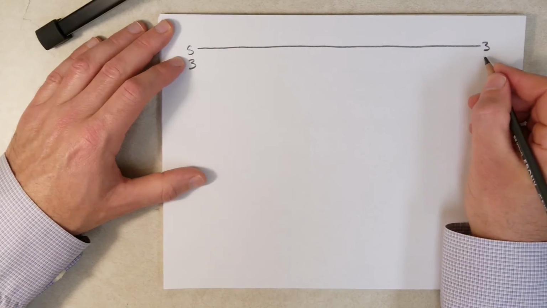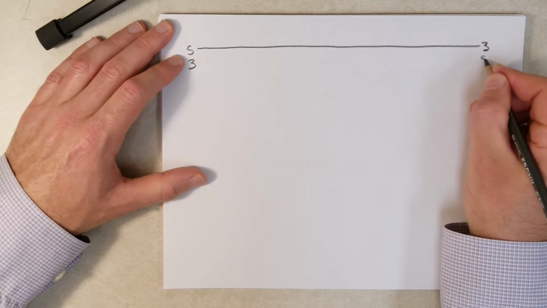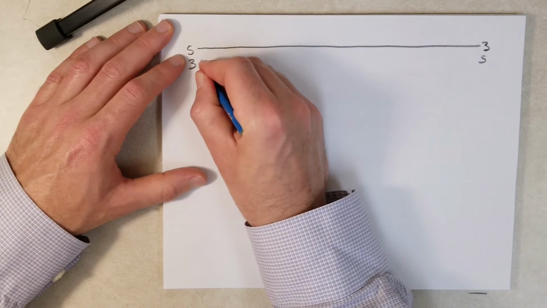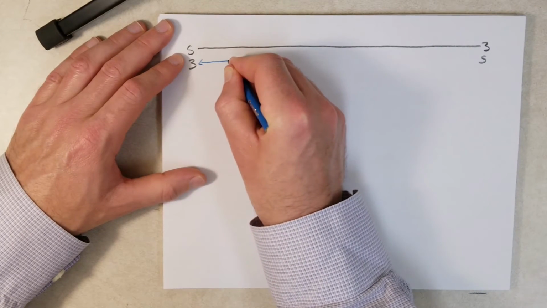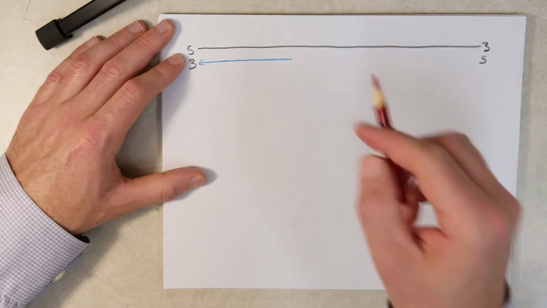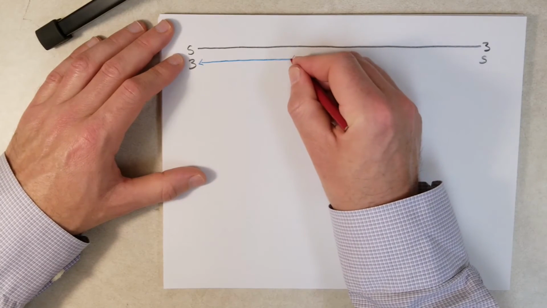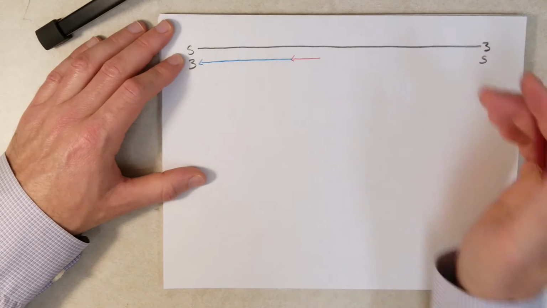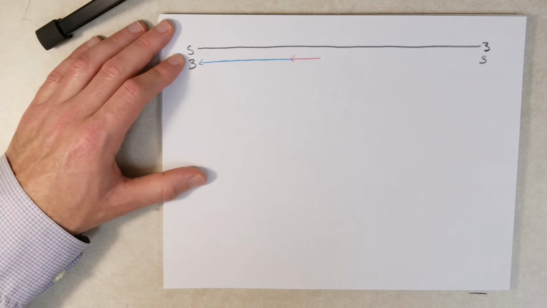Okazaki fragments are synthesized during lagging strand synthesis. They're short fragments, and they result because the lagging strand needs to be synthesized in fragments, because the direction of replication is opposite that of the movement of the replication fork.